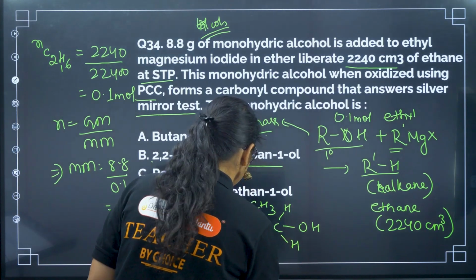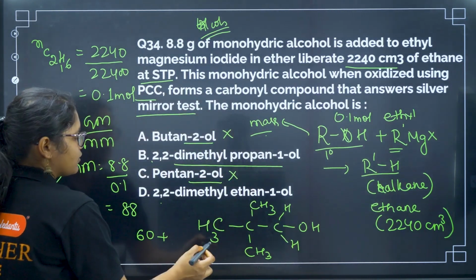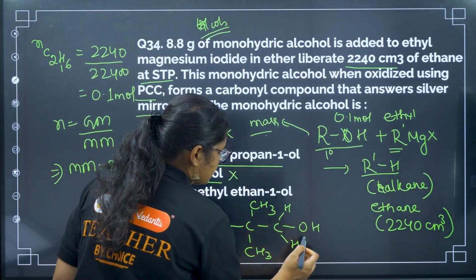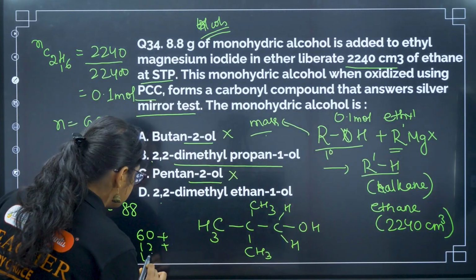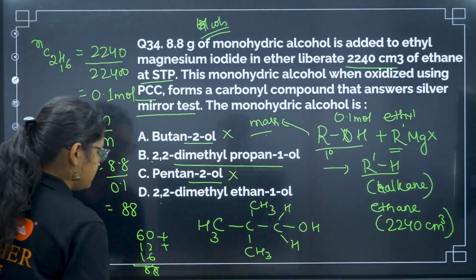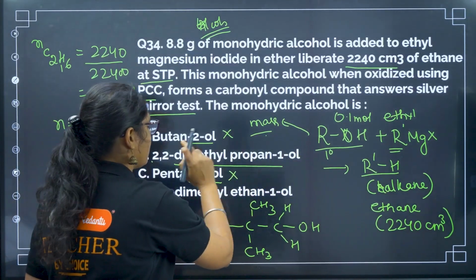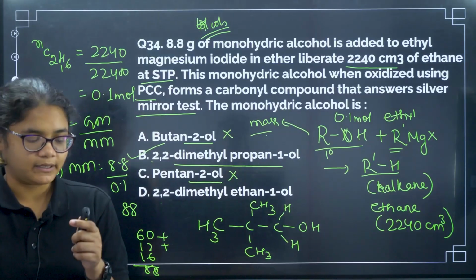So 1, 2, 3, 4, 5 carbon are there, so 12 times 5 is 60, plus hydrogen we have 1, 3, 3, 3, 9, then we have again here 12, and then we have 1 oxygen, that is 16. So if you add, we have 88 gram, right? So the molar mass of this compound is correct. So the correct answer for this question will be option number B.